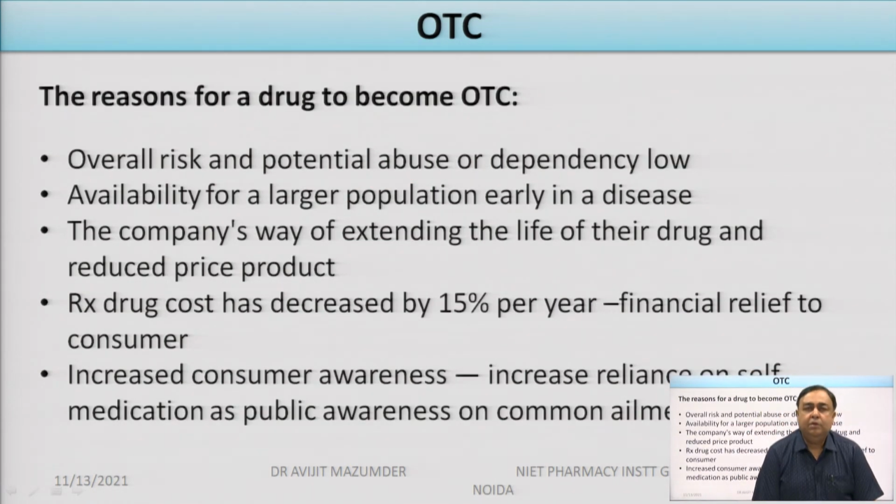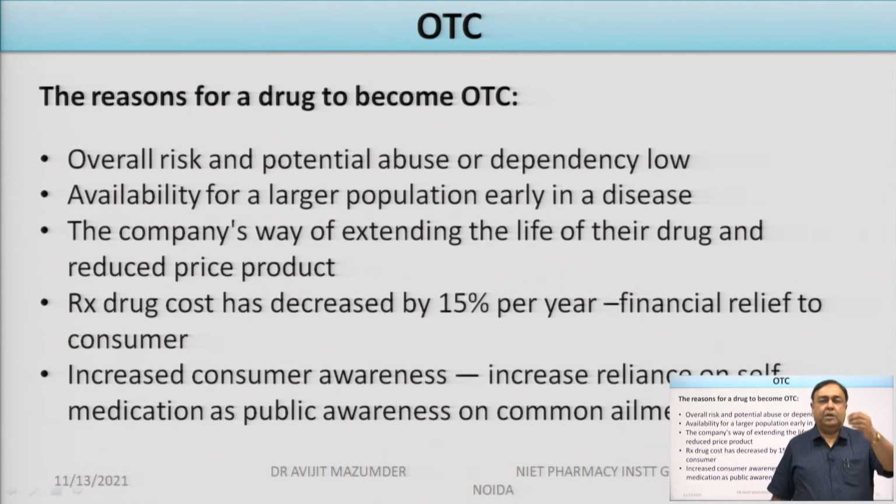Now, let us see the reasons for which a drug becomes an OTC drug. A drug will be claimed as an OTC drug if the dependency is low, if the potential for abuse is low, and if it is needed by the larger population early in a disease.